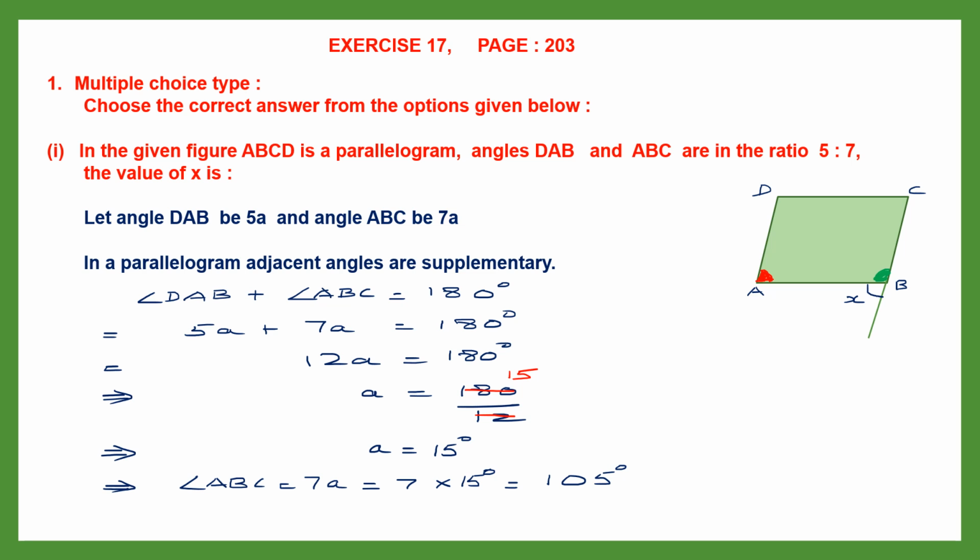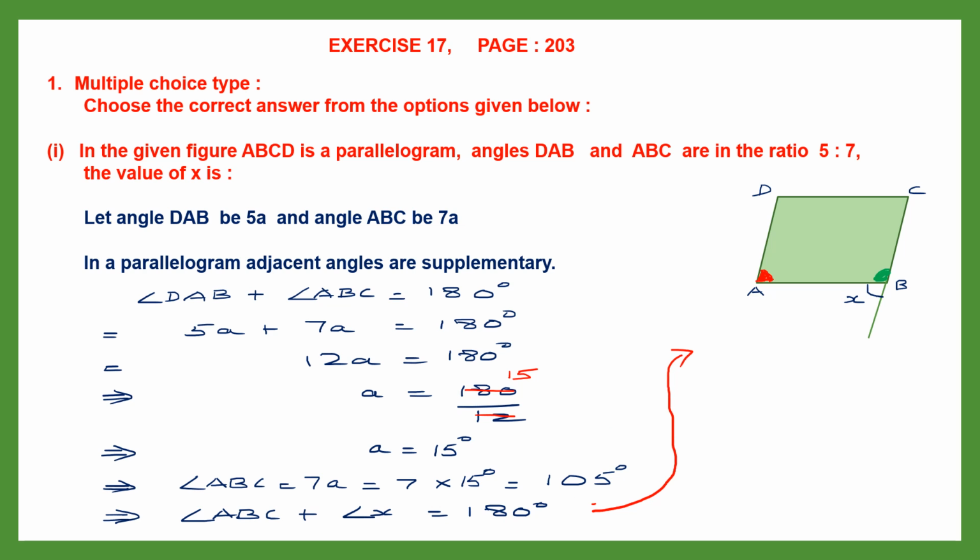Now to find the value of angle X. So that will be angle ABC plus angle X is equal to 180 degrees. One reason is because they are a linear pair of angles. Now, if you're going to take this angle and this angle, you can just say they are alternate angles and they are equal. So I will continue this here.